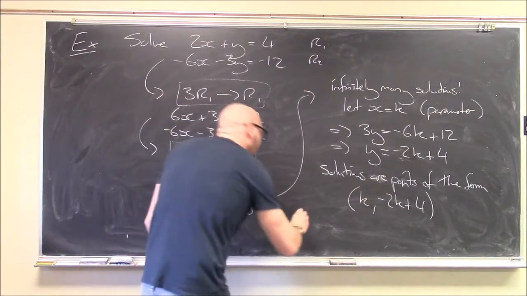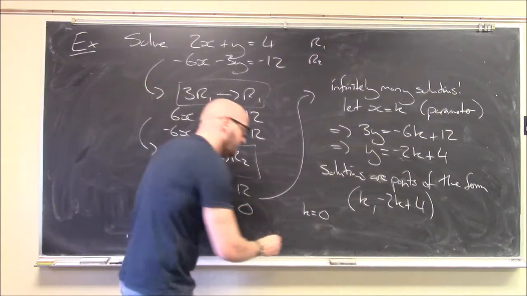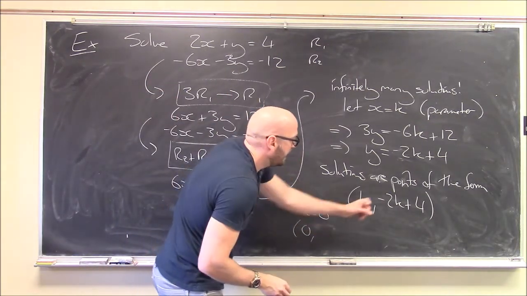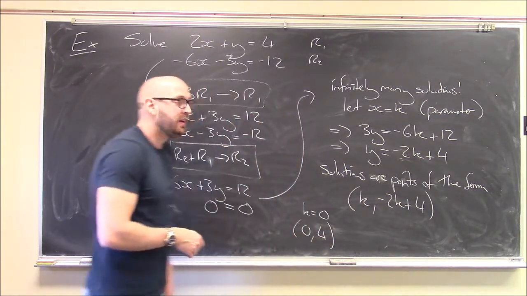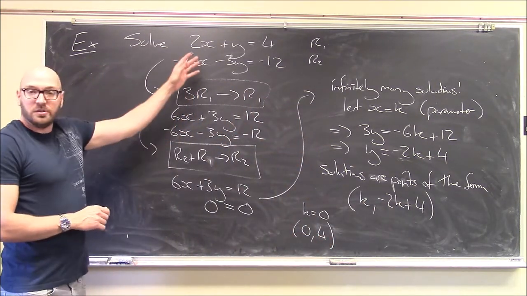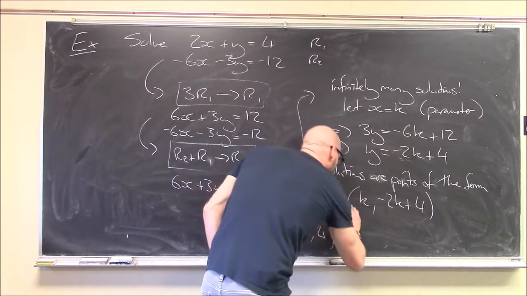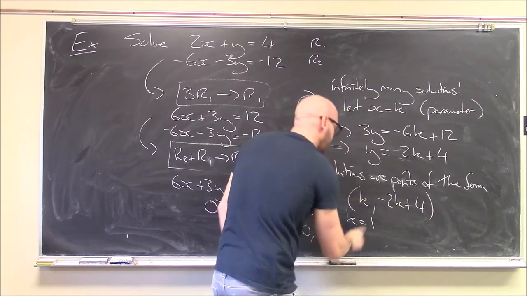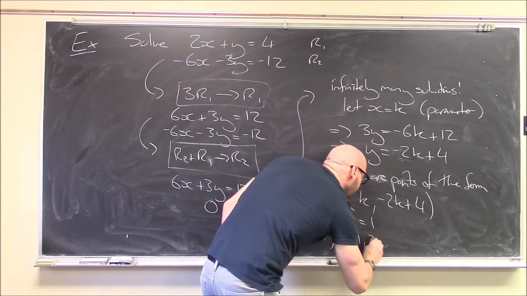So for example, if you just say, I'm going to take k to be 0, then my solution is going to be 0, and minus 2 times 0 plus 4, so 0 and 4. There's a solution to the system. You can plug it in and verify that it works. Or how about I take k equals 1. Well, then I get 1, and minus 2 plus 4 is 2.